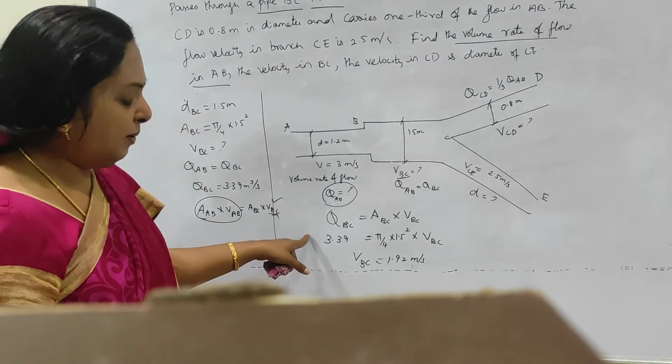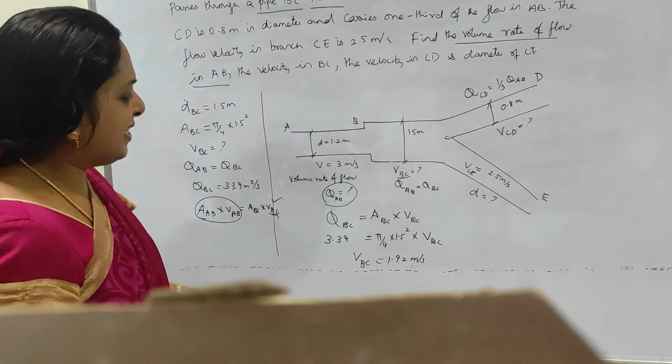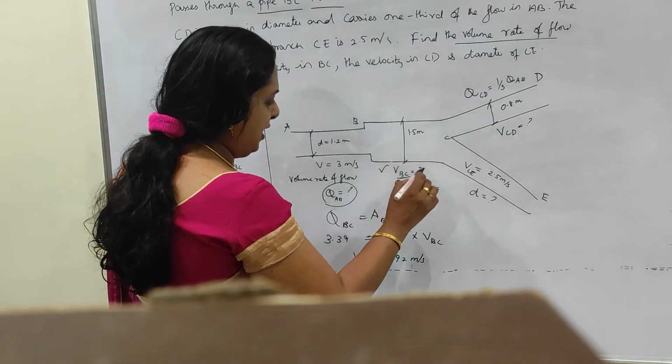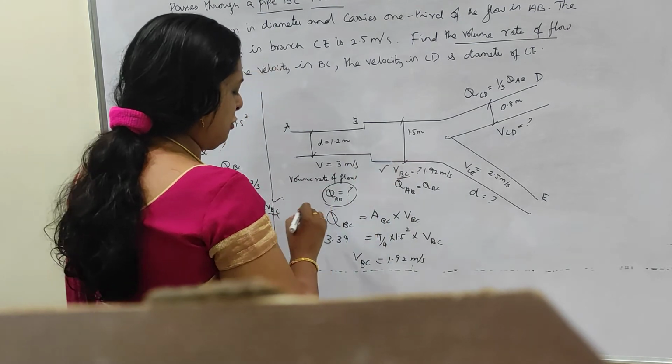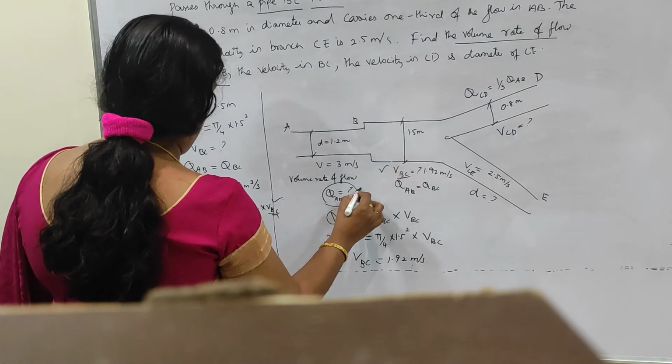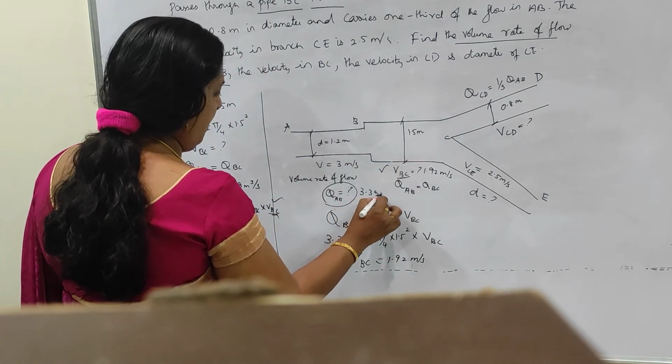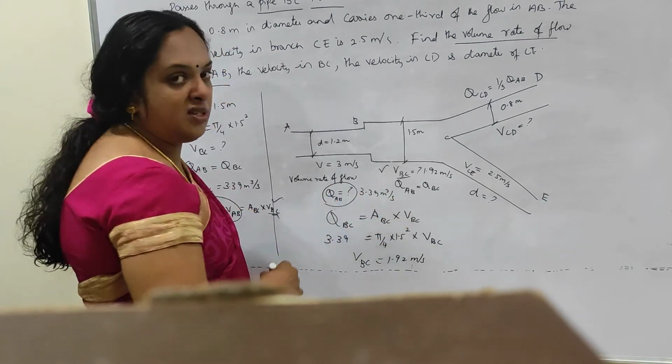Anyway, both are the same. Now I have got my value of VBC as 1.92 meter per second. So that is also done, and QAB we already have, it is 3.39 meter cube per second.